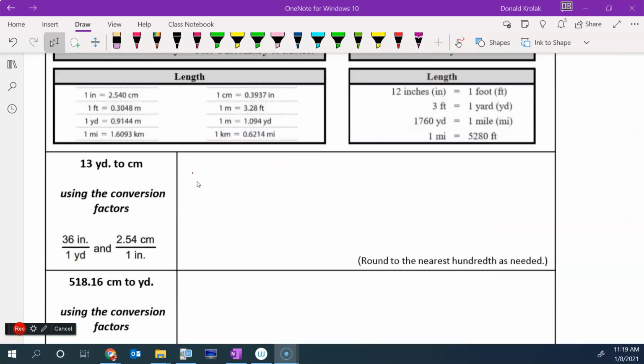We want to go from 13 yards, and when we're done, end up with centimeters. So I know the first one I'm going to use has got to have yards in the denominator. So I know I'm going to use this guy first.